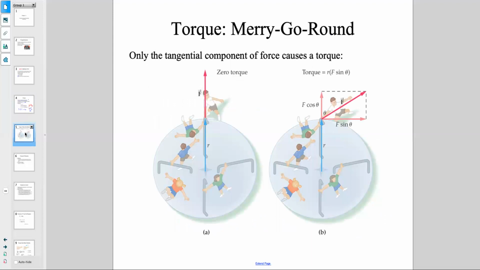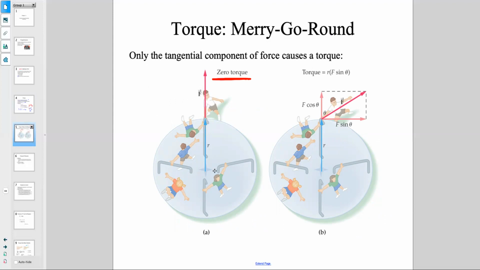So let's take a look at this merry-go-round. Only the tangential component of the force causes the torque. In other words, if I have a force being applied to this merry-go-round along the radius, this will be a zero torque because it wouldn't change anything.